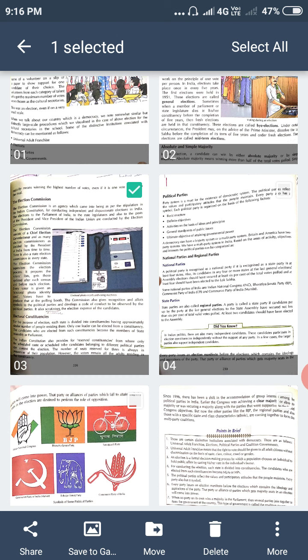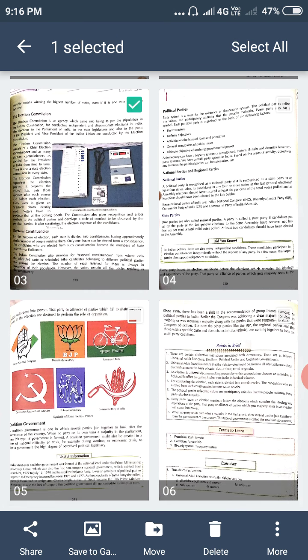A party must secure 50% plus 1 seat to win the majority. अब किसी पार्टी को अगर मेजॉरिटी जीतनी है, तो उसको क्या कंडीशन पूरी करनी पड़ेगी कि उसको 50% plus 1 सीट्स मिले. Here in this case, I have told you that we have supposed, एक हमने suppose किया है कि there are 500 seats in the parliament.